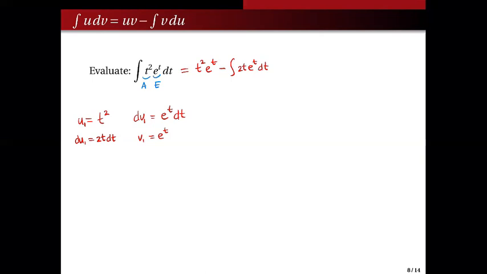But more importantly, from t squared, it becomes 2t, or you have power 1. So when you apply integration by parts, the next one will have power 0, which means it will disappear.